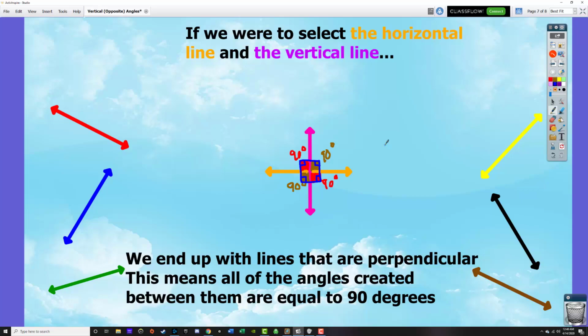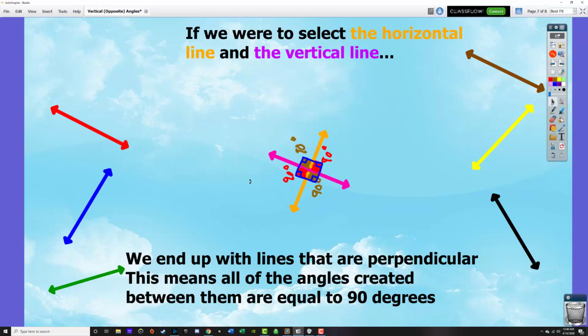So the big takeaway regarding perpendicular lines is that it's a special type of intersection between 2 lines where, yes, we have 4 angles just like we would if we took any 2 of these other lines and crossed them over together. But what makes this intersection special is the fact that we create 4 congruent angles around them.